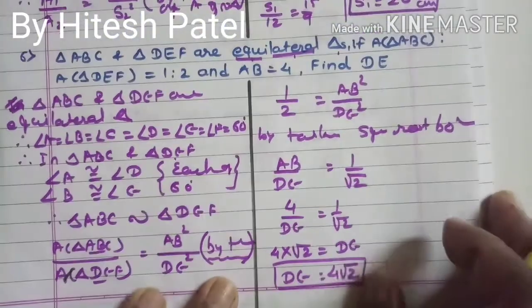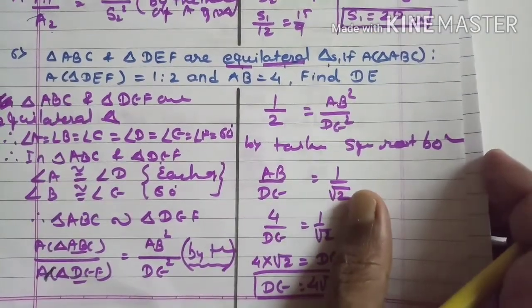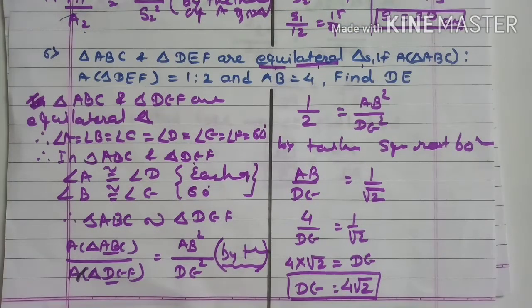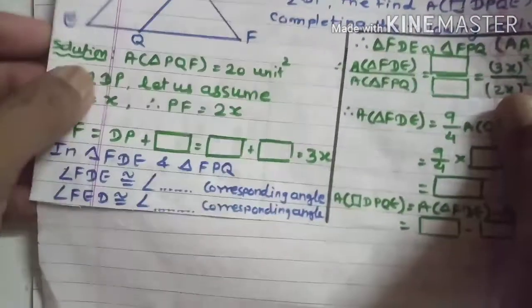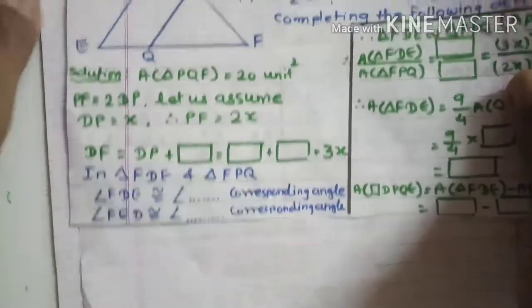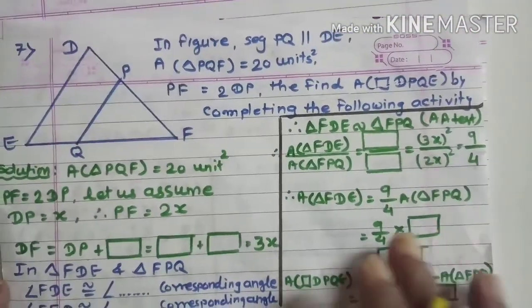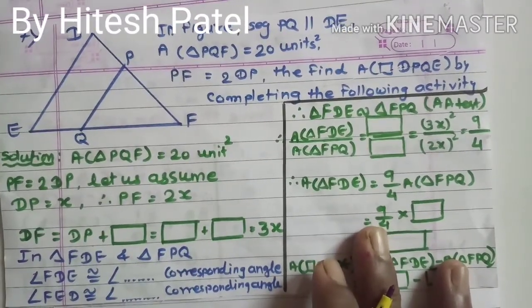Okay, now question number 7. Read the question from the textbook. It's an activity kind of a question. So this is question number 7. In the figure, PQ is parallel to DE.